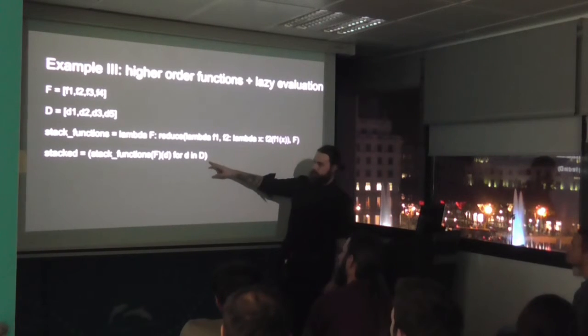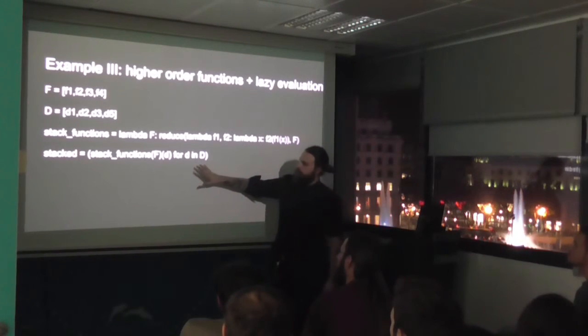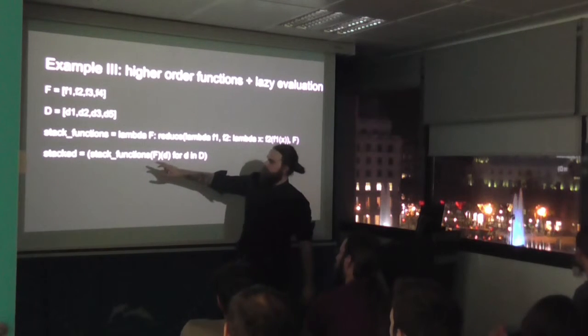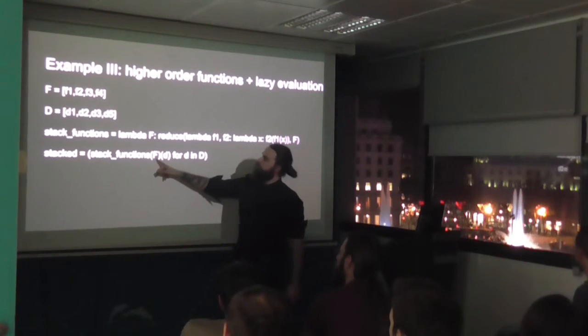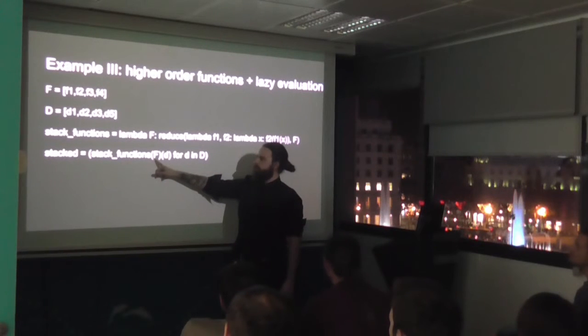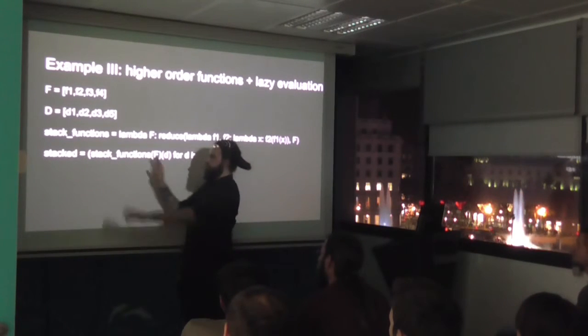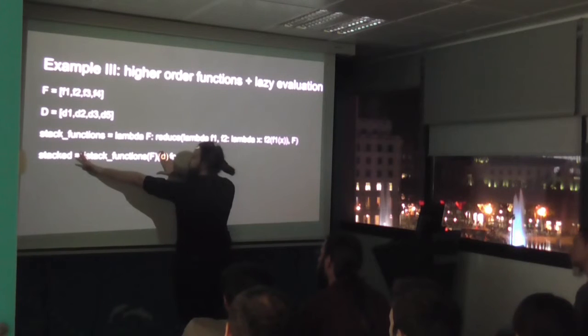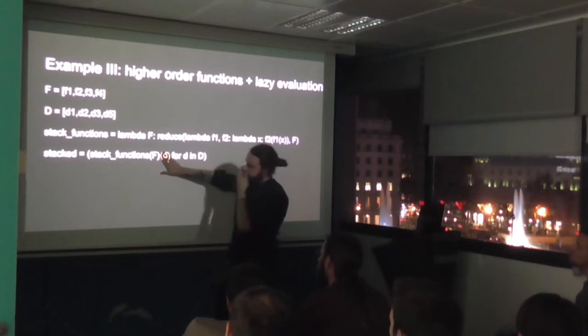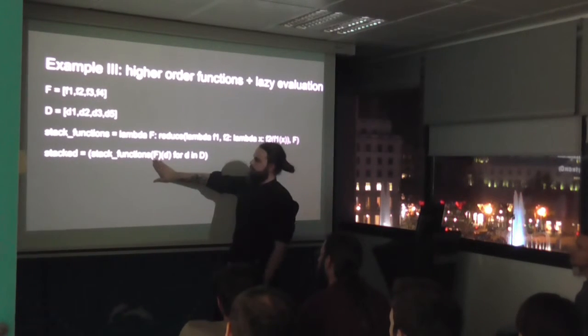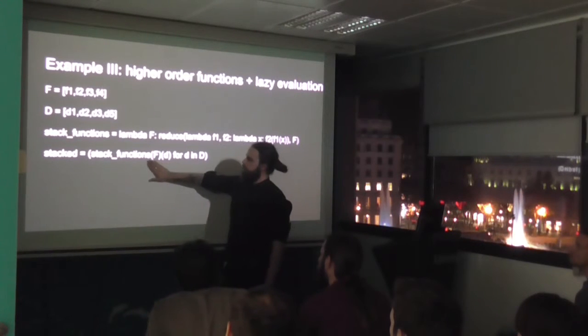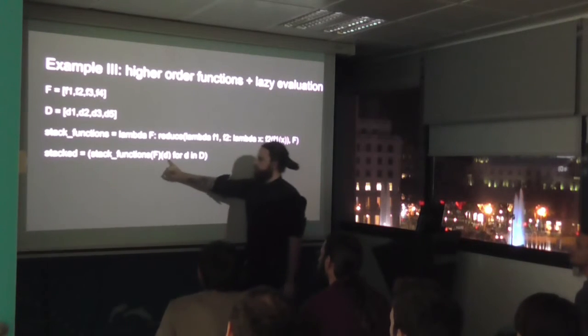And let's apply it. We stack the functions f, that is the list of functions, and this returns a function that is the composition of the list of functions f. And then apply this composition to d.